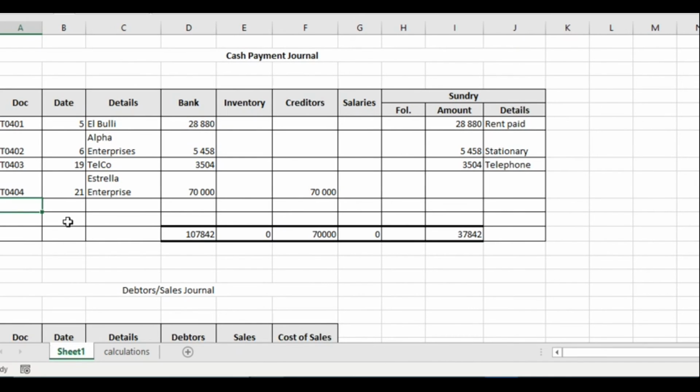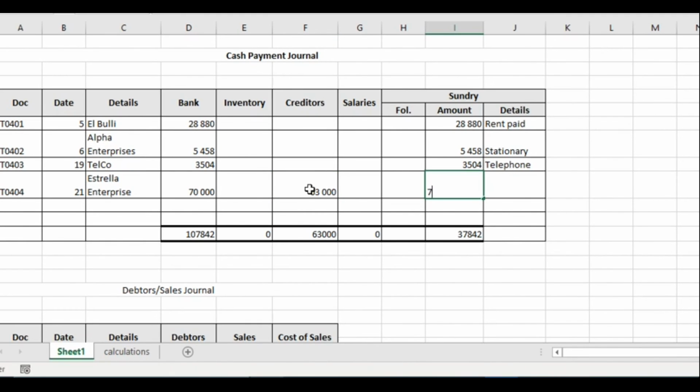Before we move on to that one, I want to quickly show you guys something. If we had a discount, let's assume they gave us a discount on day 21 of 10%, which is 7,000 rand. We were going to do that in our creditors. We were going to say it's 63,000.